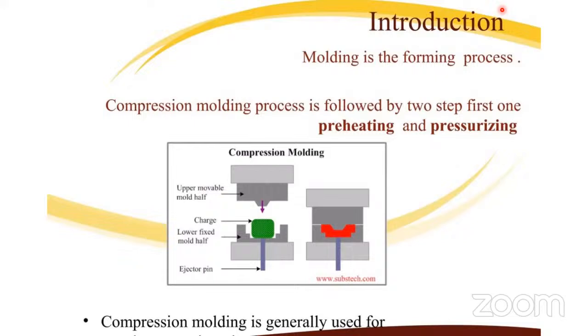Therefore, friends, in compression molding, if you see here, this is a simple mold. This is a platen which is holding the upper part of the mold. This is the bottom platen, which is also holding the lower half of the mold. And this mold is in open condition now.